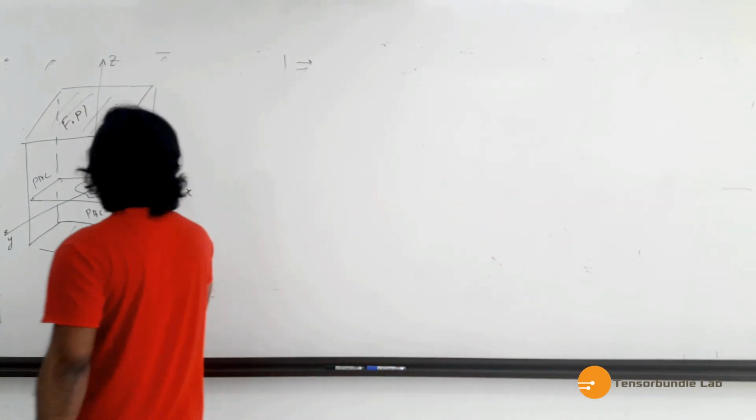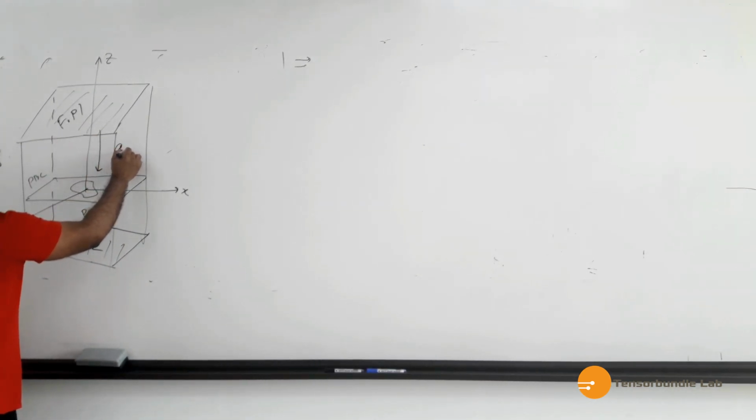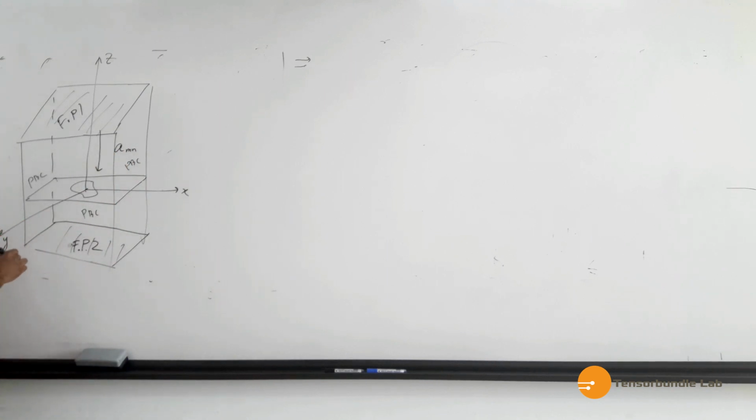So let's say the incident wave from port 1 is a_mn, and the reflected or scattered wave at this port 1 is, say, c_mn. And from port 2, in the same manner, the incident wave is, say, b_mn, and the scattered wave is d_mn.